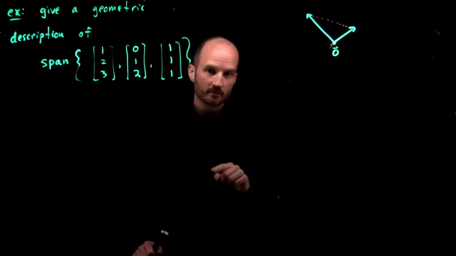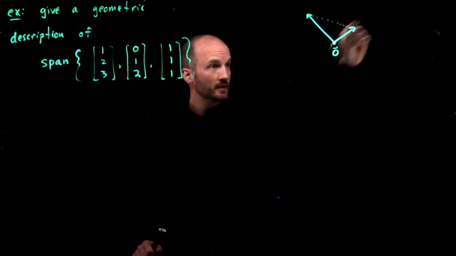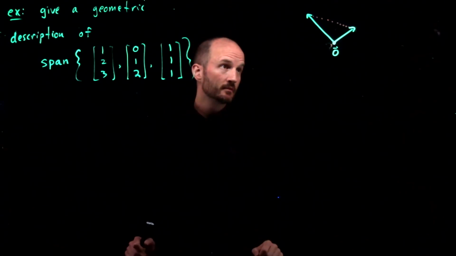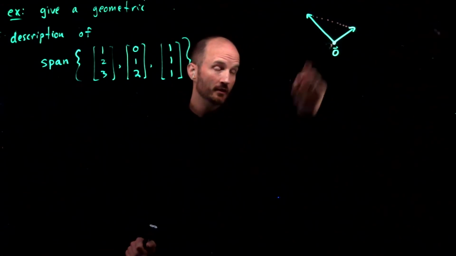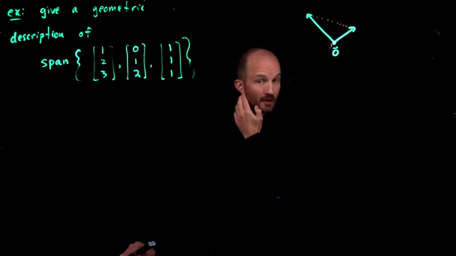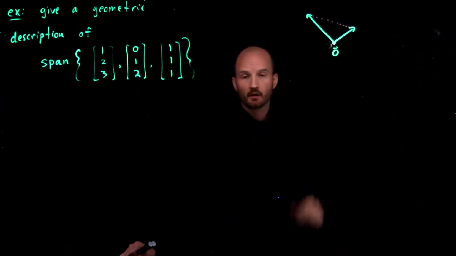Span of a single vector, I would get just a line. Span of two independent vectors, you get a plane, the plane that contains this triangle. So that's a two-dimensional object. Now if I were to have a third independent vector, that would be three-dimensional. I would get all of three-dimensional space.